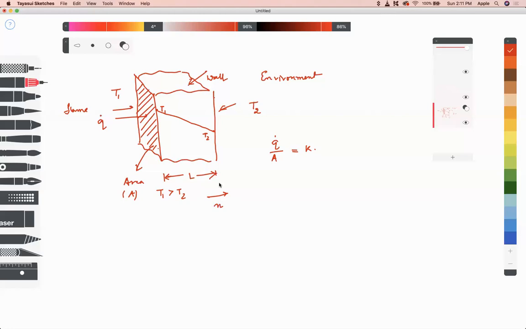Let's say we take it as direction N, and temperature variation only happens in this direction, so we are taking the absolute derivative rather than the partial derivative. Now you see this temperature gradient is actually the final temperature minus the initial temperature divided by the change in distance we are considering, that is your thickness.